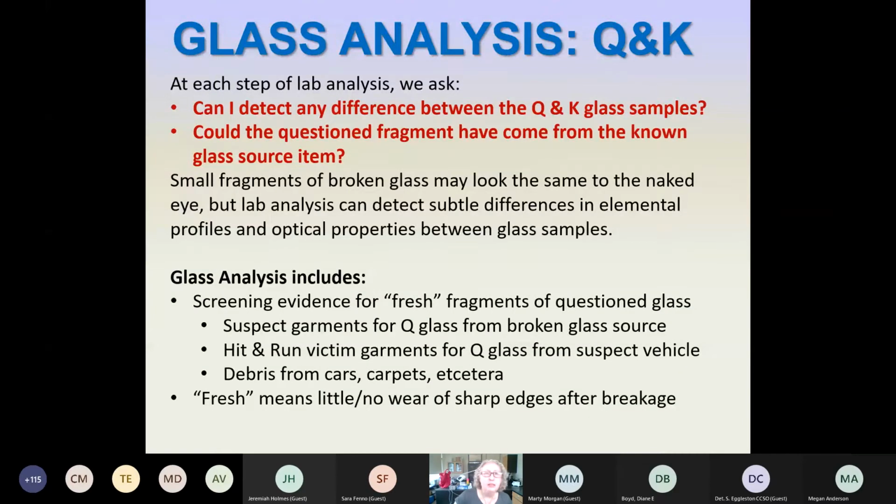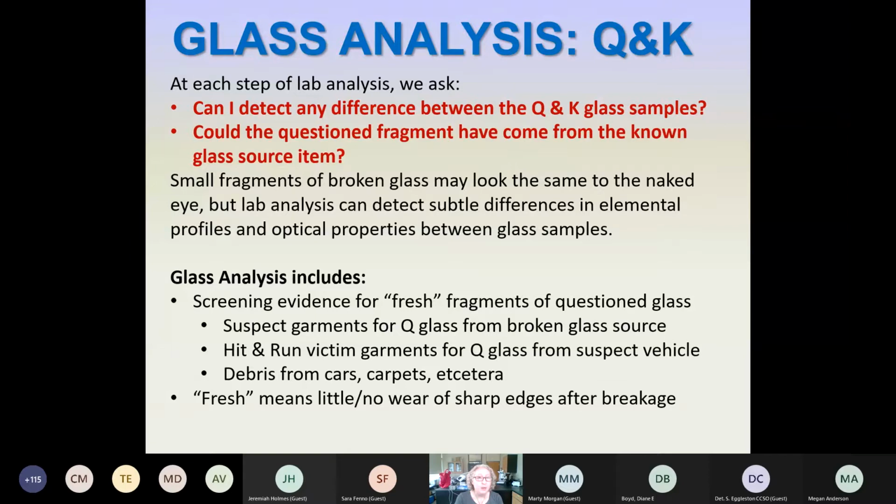So what we're doing in the laboratory when we approach a glass case is we ask ourselves two questions as we work. Can I detect any difference between that Q glass and the known glass samples? In other words, could the question glass have come from the known glass source item? So we know that small fragments of broken glass, especially glass that is meant to be clear, colorless glass, looks the same to the naked eye.